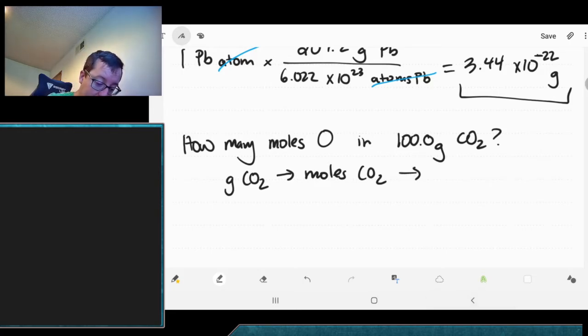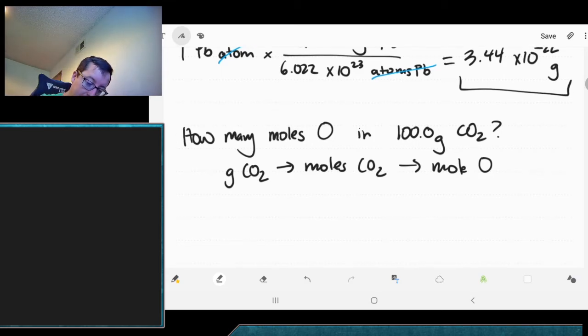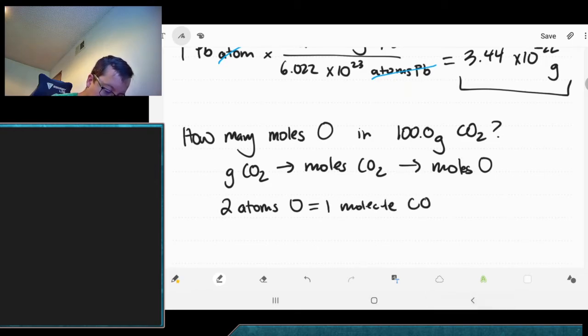You can go directly to moles of oxygen atoms. I'll write moles here. We know that there's 2 atoms of oxygen for every 1 molecule of CO2. That we know from the chemical formula.